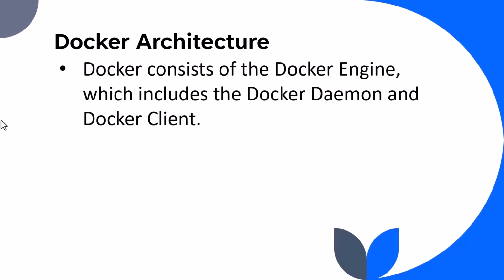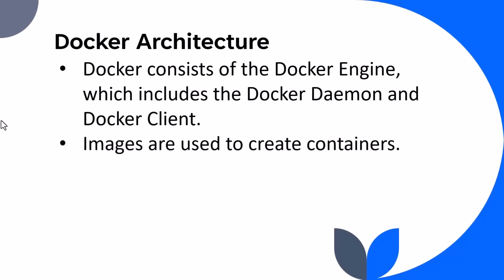Now let's see the Docker architecture. Docker consists of the Docker engine, which includes the Docker daemon and Docker client. Images are used to create containers. You can imagine images are just like classes in C#, and containers are the objects made out of those classes.